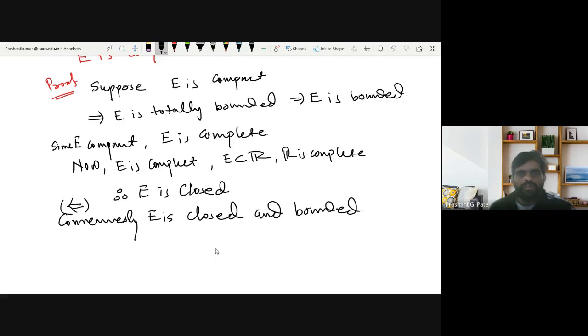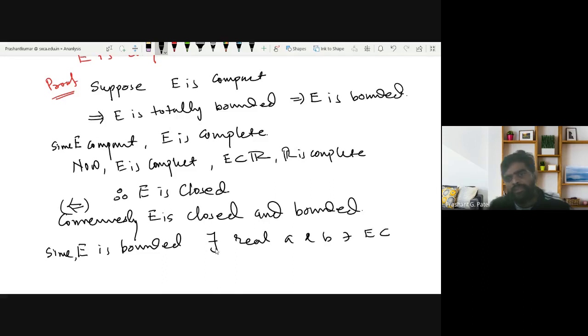Since E is bounded, there exist real numbers a and b with a less than b such that E is a subset of [a,b]. But the closed interval [a,b] is a compact metric space, as we have already argued.